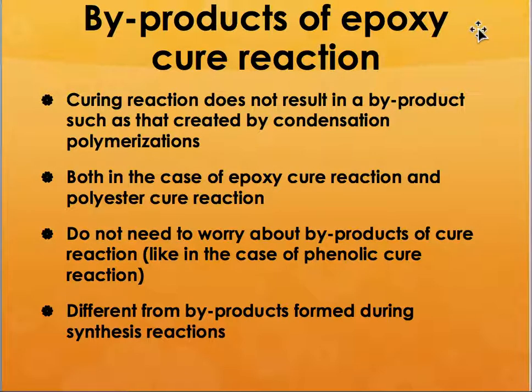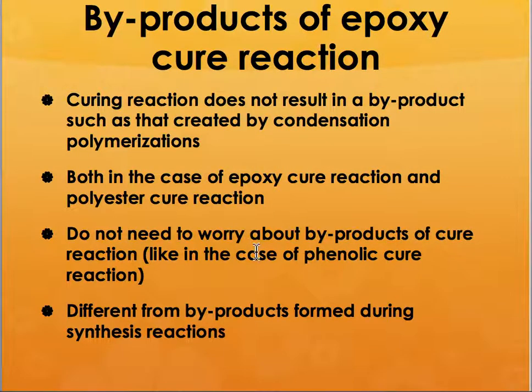The epoxy cure reaction does not always result in a byproduct. And so the advantage is that most of the time the amount of shrinkage that happens as a result of the curing reaction is very minimal, unlike in the case of a phenolic cure reaction.